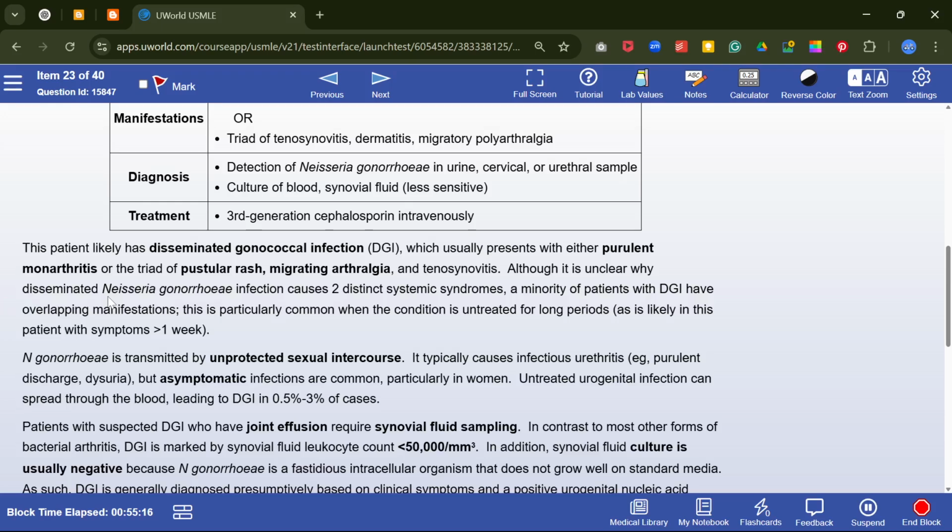Neisseria gonorrhoeae is transmitted by unprotected sexual intercourse.